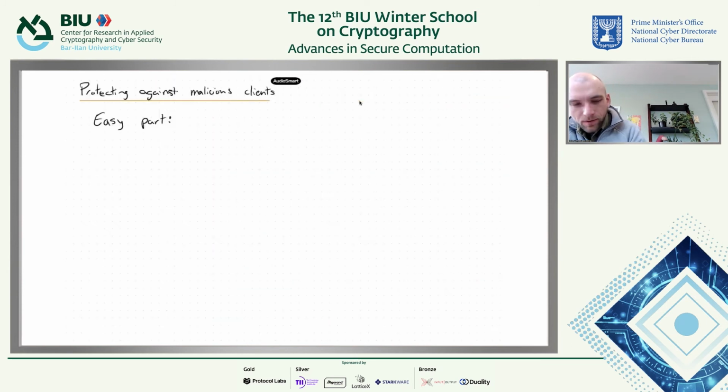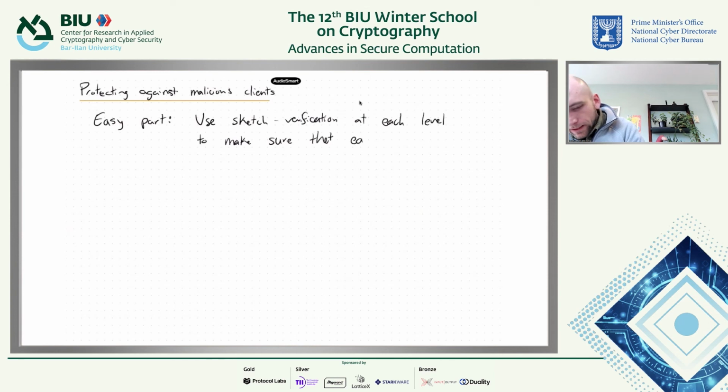So the easier part is to use sketch verification at each level to make sure that each client only voted once. Since we already saw sketch verification, we know how to do that.